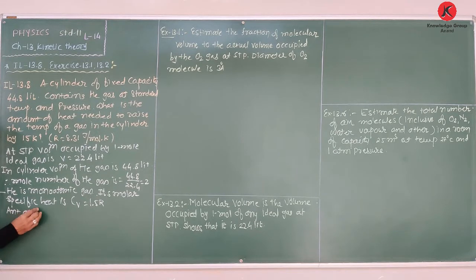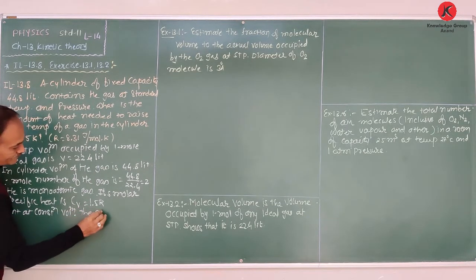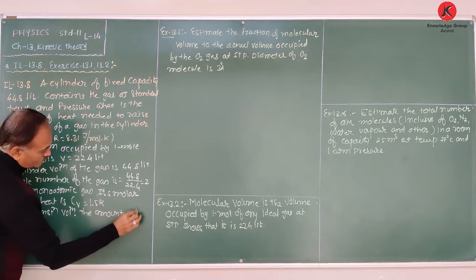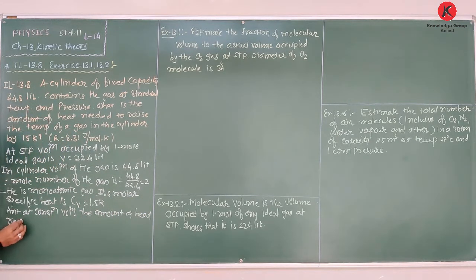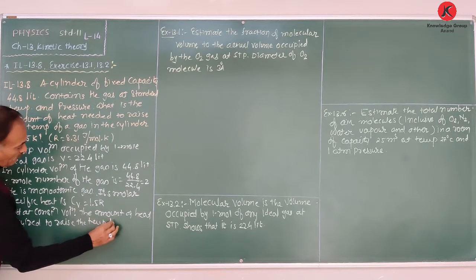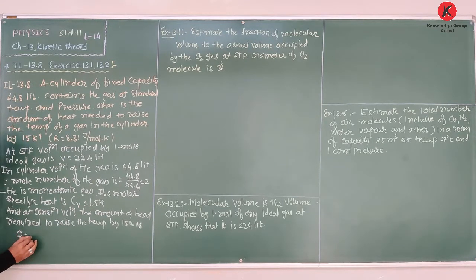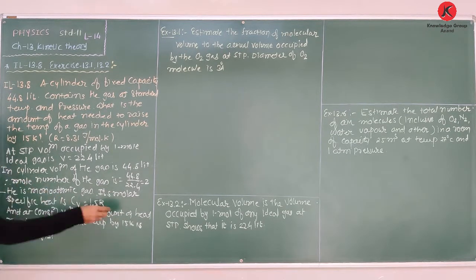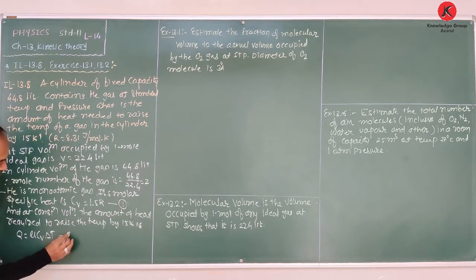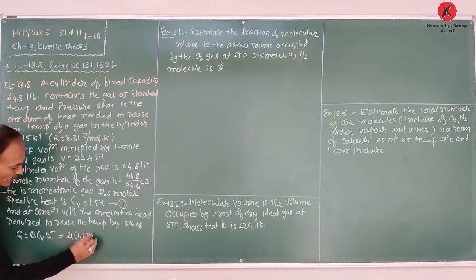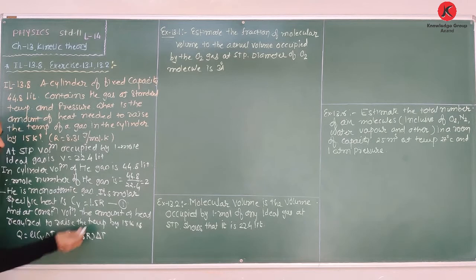And at constant volume, the amount of heat required to raise the temperature by 15 Kelvin is Q equal to mu CV delta T. But from equation 1, the value of CV is 1.5 R, therefore mu into 1.5 R into delta T. Now we just find mu.